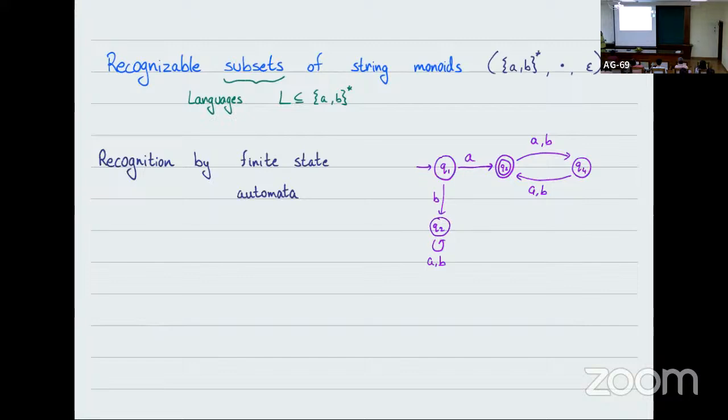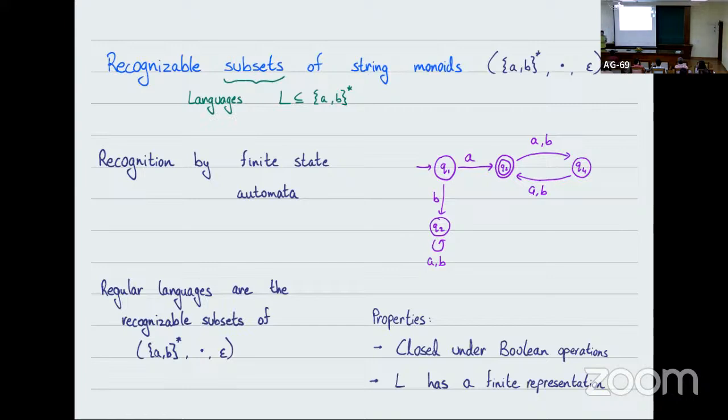One definition that we have seen is recognition by a finite state automaton. If you have a finite state automaton that accepts your language L, we call it a regular language. So this is one way to define recognizable subsets, that is, if you can construct a finite state automaton that accepts your language L. It has some nice properties, such as being closed under Boolean operations.